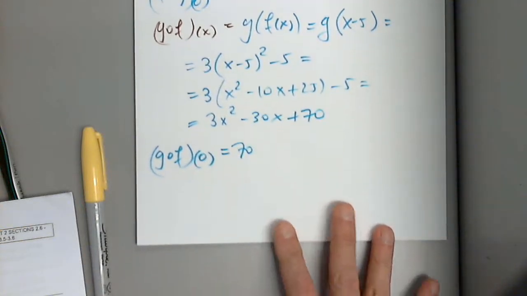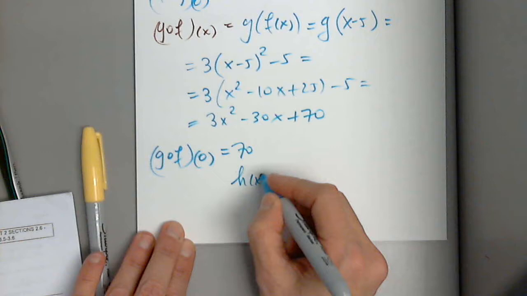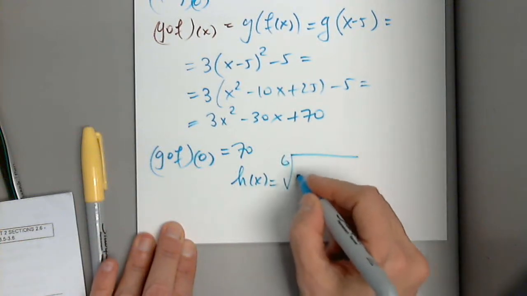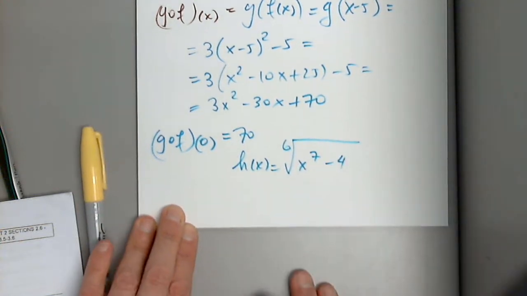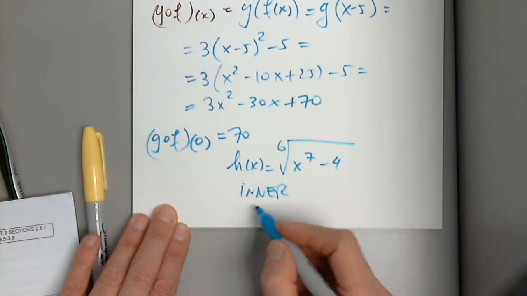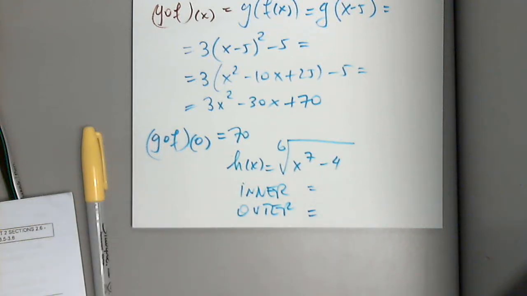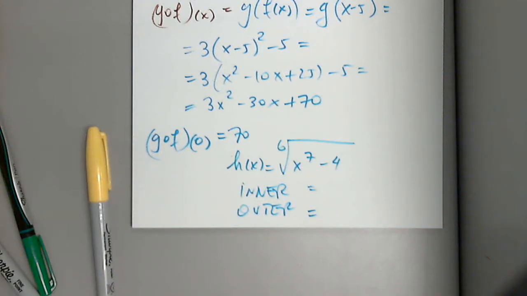Okay. Very good. Number 4. We have a function h of x, which is the 6th root of x to the 7th minus 4. And they want an inner and an outer. You can name them the way they ask you to name them or any other way. It doesn't matter to me. Just give me the inner and the outer.